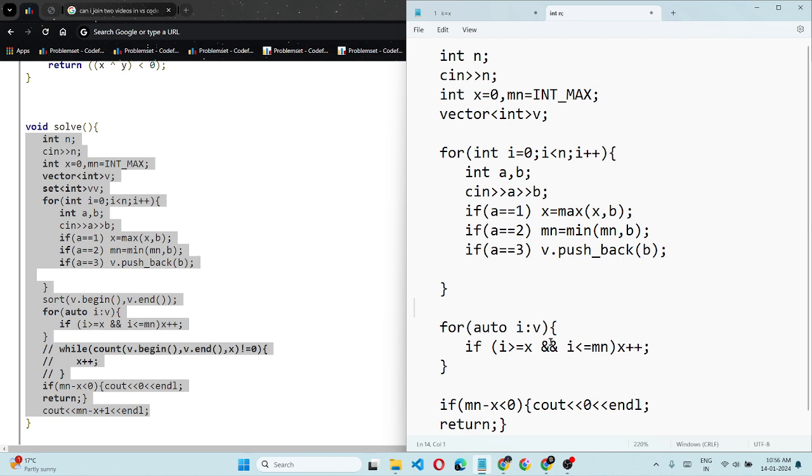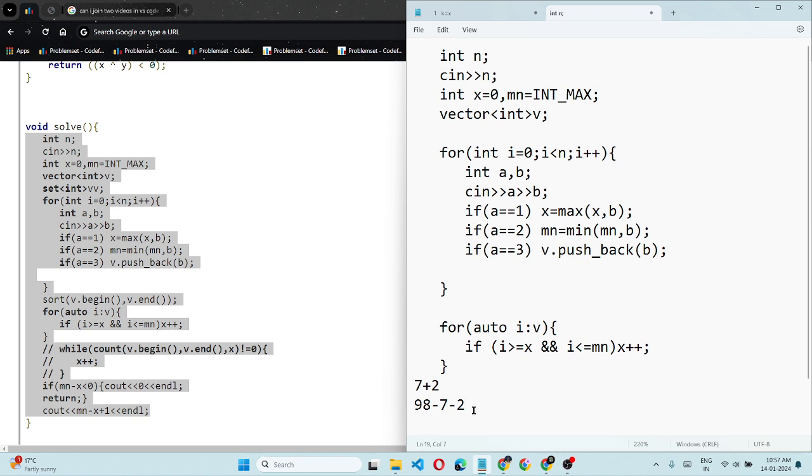Now what I've done is, from x to mn, if any element in that vector is in the range from x to mn, then I've added that to a counter. I'm basically doing the 7 plus 2 and then subtracting from 98 minus 7, minus 2.